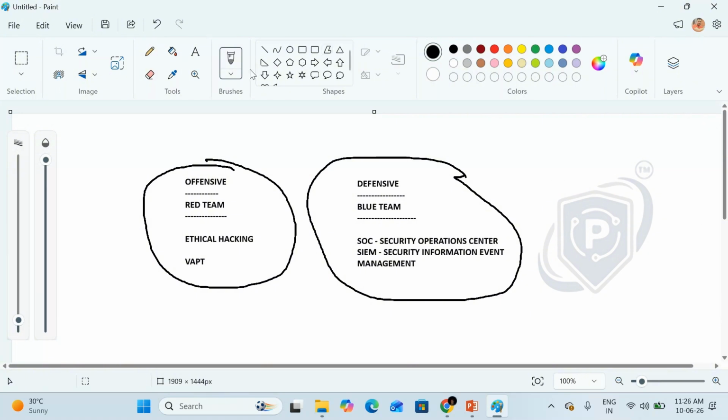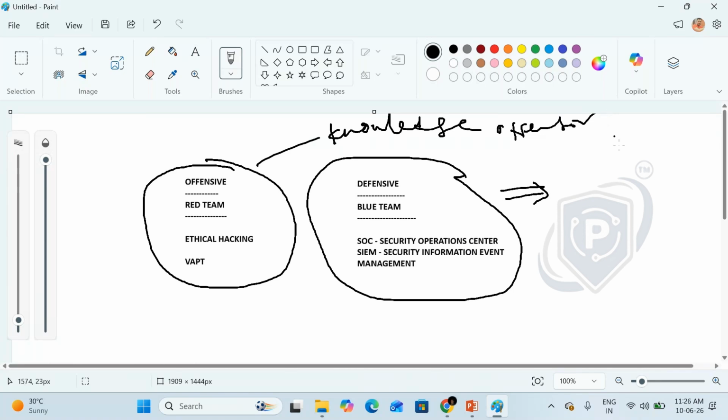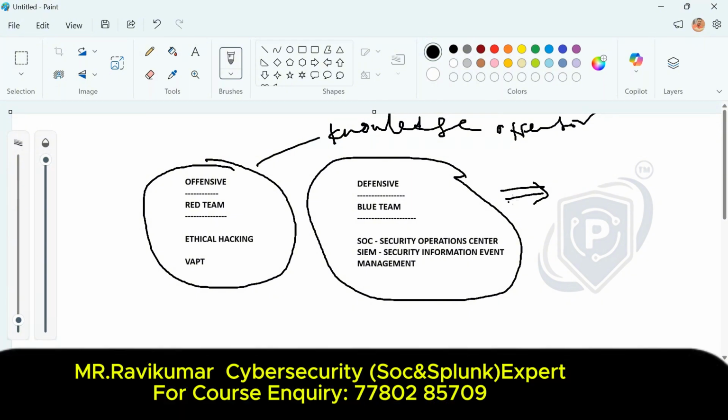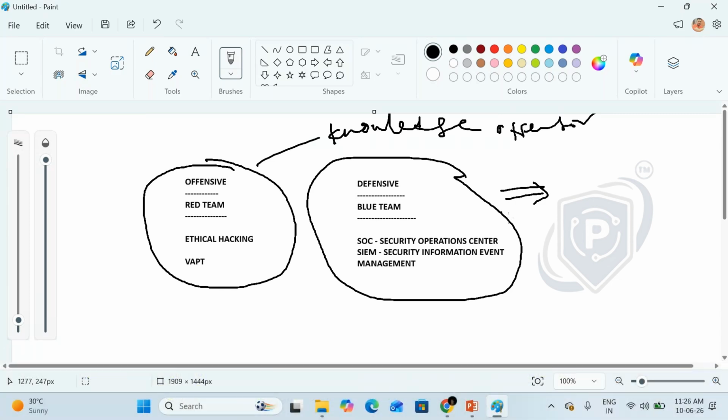Now our class is exclusively on defensive, with knowledge of offensive. That means we are not going to cover offensive much deeper, but we are covering some knowledge of offensive activities also. Mostly we will cover the defensive. Defensive has different roles. For the SOC analyst, there are different roles: L1, L2, and L3.